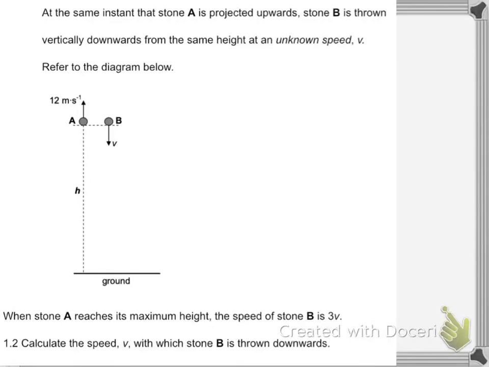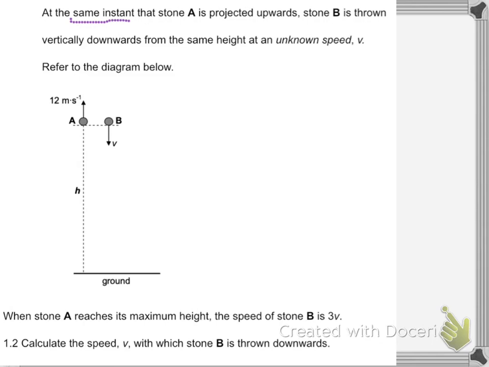Okay, let's look at the second problem. This is question number 1.2, and the information, as I said before, that they're giving you now is that at the same instant, and that is important, at the same instant, stone A is projected upwards, stone B is thrown vertically downwards from the same height at an unknown speed v.